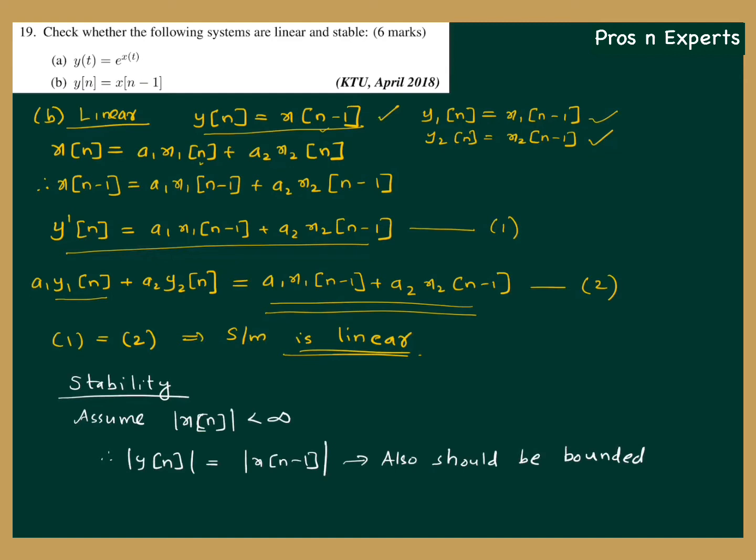That is not going to affect the stability or convergence, right? So since x of n is bounded, x of n minus 1 also should be bounded. Therefore, y of n is bounded. Therefore, the system is BIBO stable. System is BIBO stable. That's the final answer.